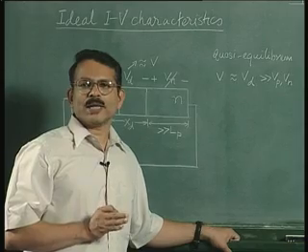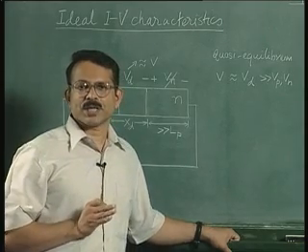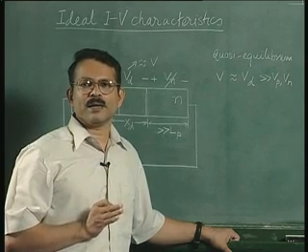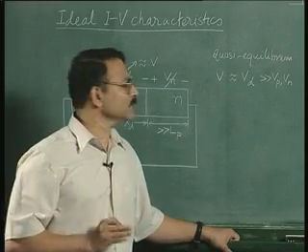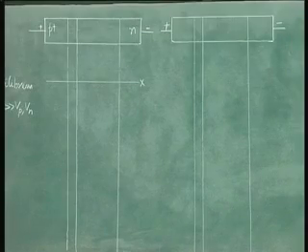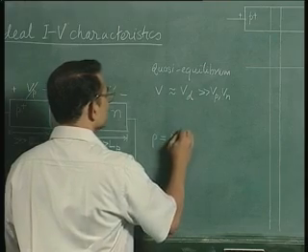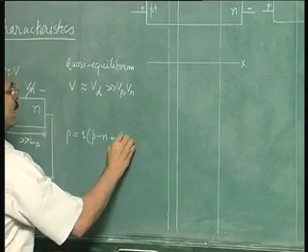We have already shown that the depletion approximation is valid under equilibrium conditions. We can easily show that it will continue to be valid under applied bias also. This is because if you write the space charge equation, rho is given by q times p minus n plus Nd minus Na.